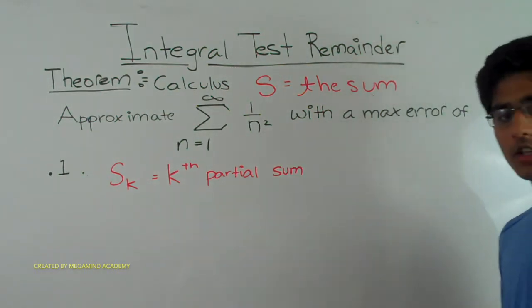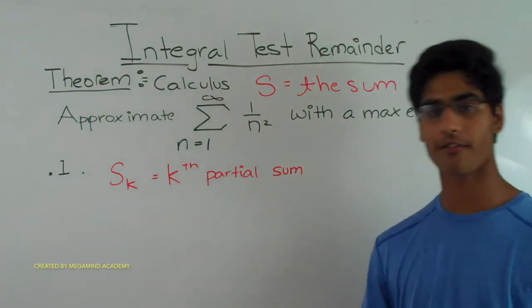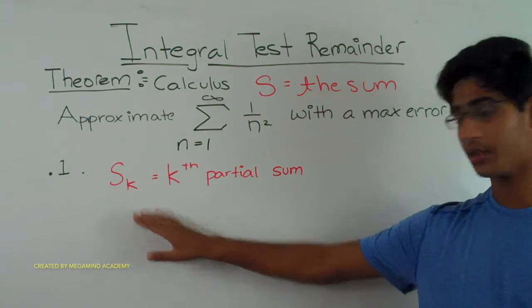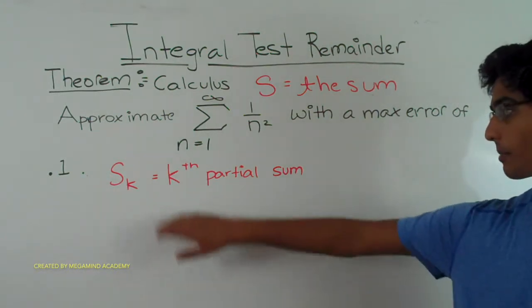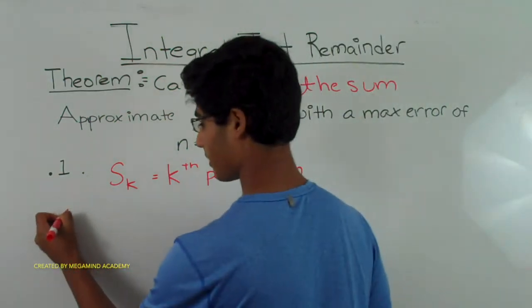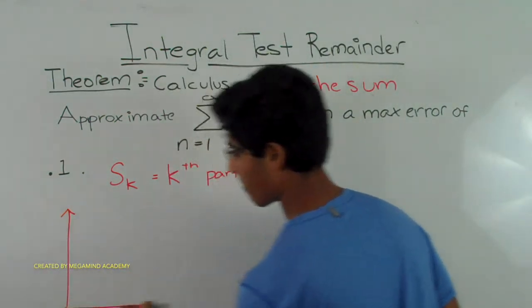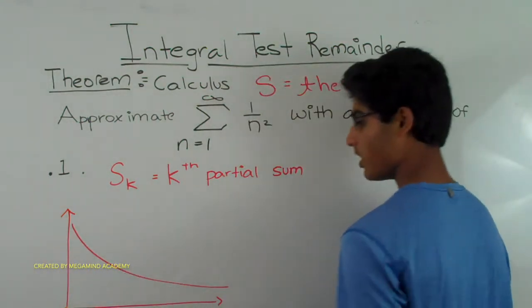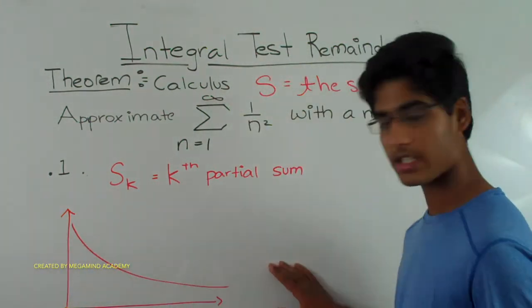So now let's draw another graph and see if we can figure out how to find the value d, or now we're going to find the value k, which is basically the same thing, but k is a standard notation. So let's draw another graph to figure this out. We have our monotonically decreasing function here.